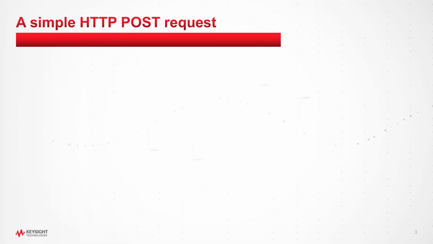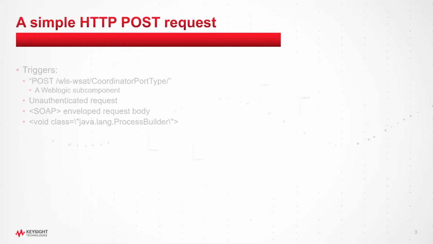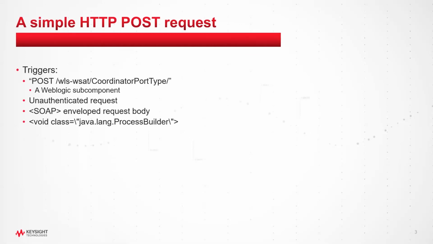So analyzing our HTTP honeypot events, an interesting group of requests appeared. And I said, okay, let's analyze them and see what we can get there. What I saw was a simple HTTP unauthenticated POST request for a WebLogic specific endpoint with a SOAP enveloped body with the process builder keyword init, indicating a remote command execution type.